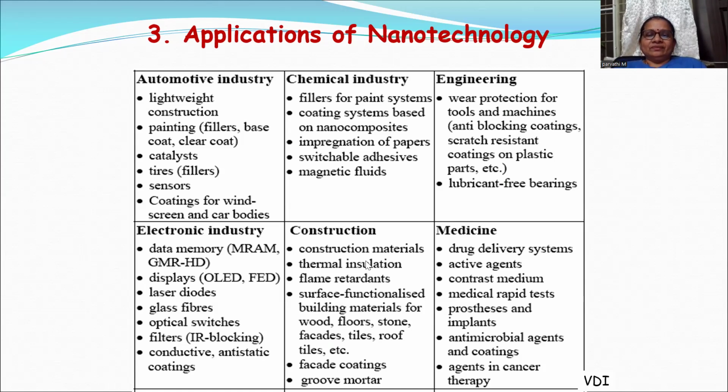Not everywhere, but we can use nanomaterials in construction: construction materials, thermal insulation, flame retardants, and surface functionalized building materials for wood, floor, stone. Nowadays the construction of buildings is also changing with changing technologies. Nanotechnology is going into that field also, with facade coatings and groove mortars. Similarly, in the electronic industry, data memory: we observe that memory card size is getting reduced as technology increases.